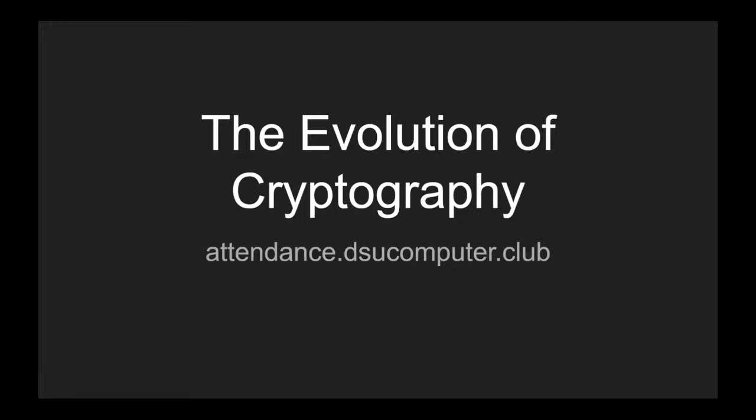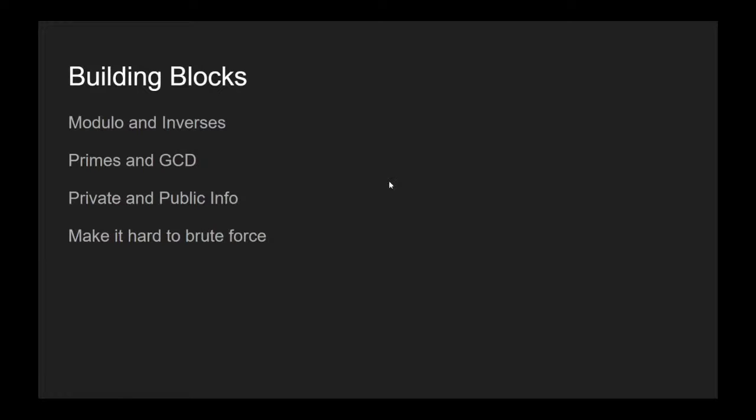So the building blocks of crypto you can break down into these things. Modulo and inverses, and that builds primes and the GCD, or greatest common divisor, which is the next step up.